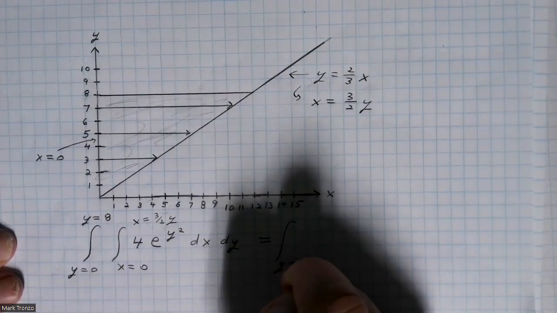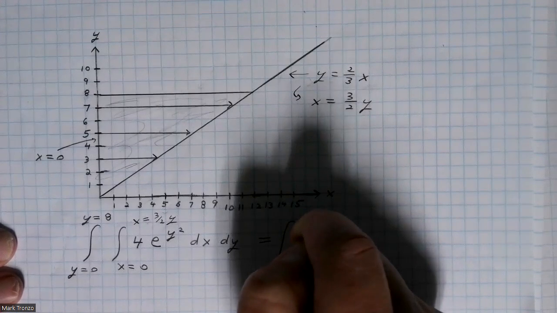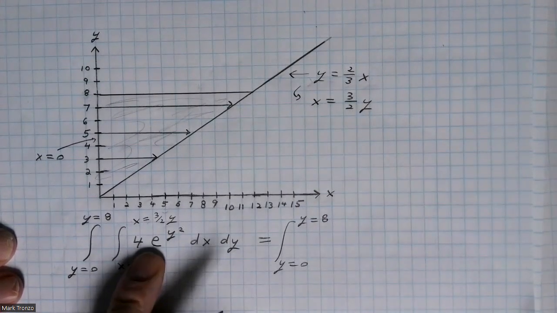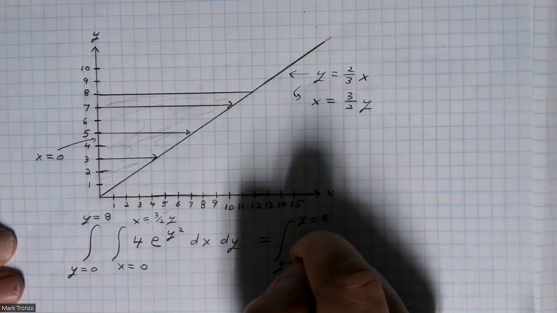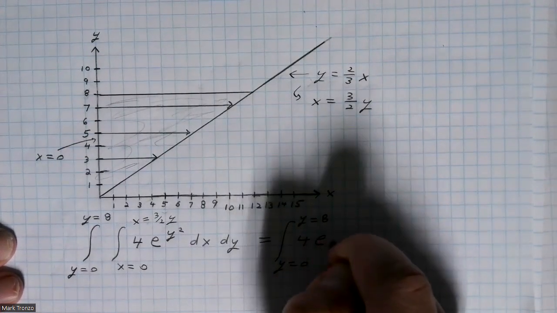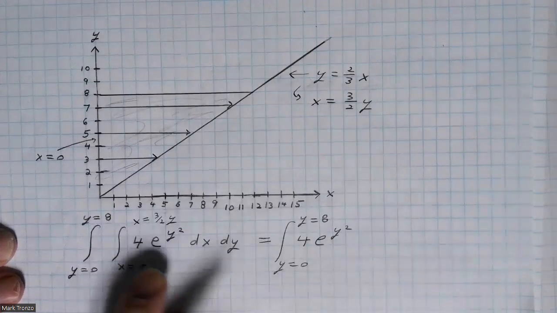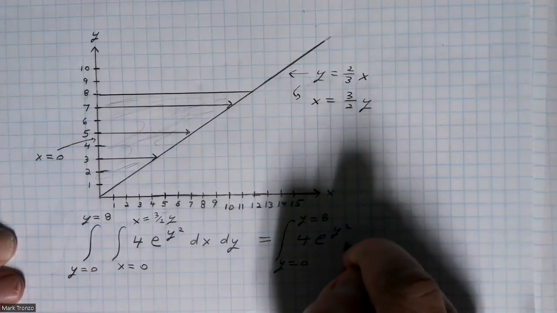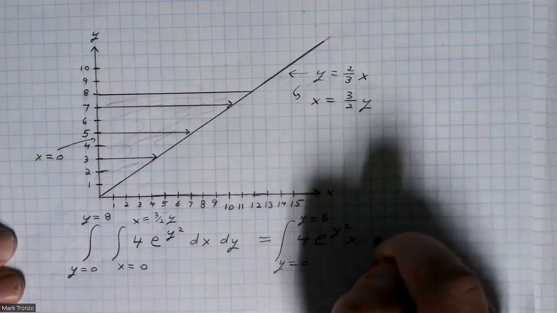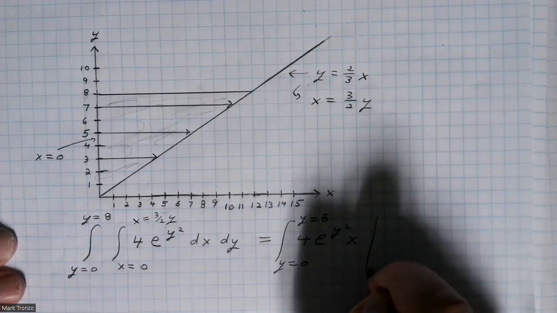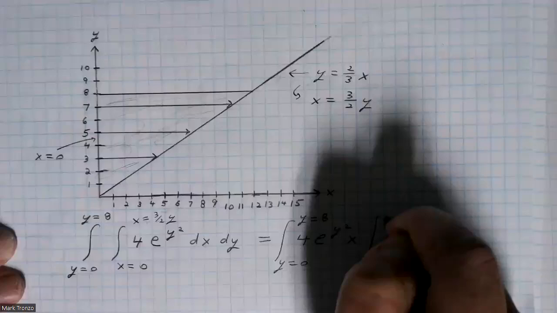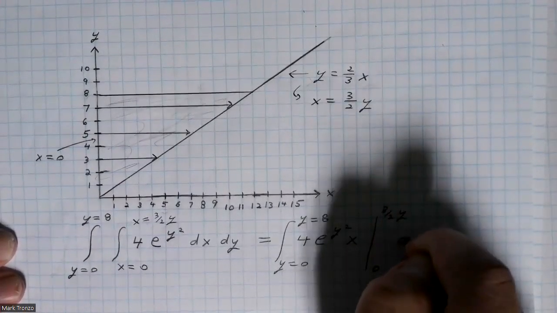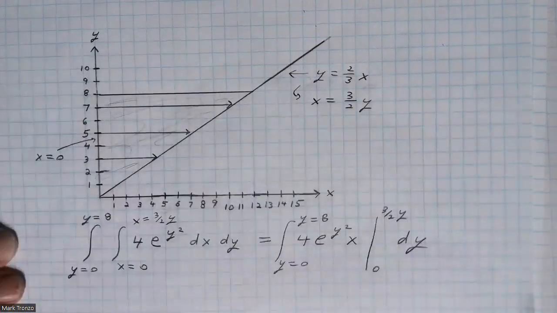So y equals 0 to y equals 8. Inside here, this becomes e to the y squared, integrating with respect to x. That's going to be x, evaluated from 0 to 3/2 y, dy.